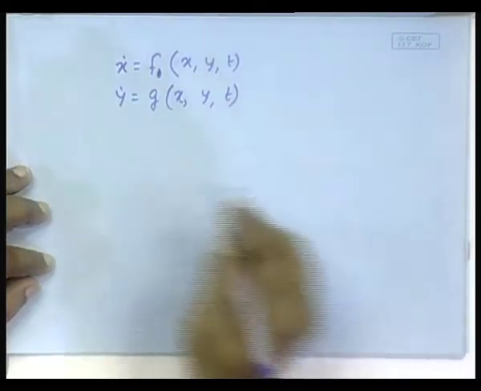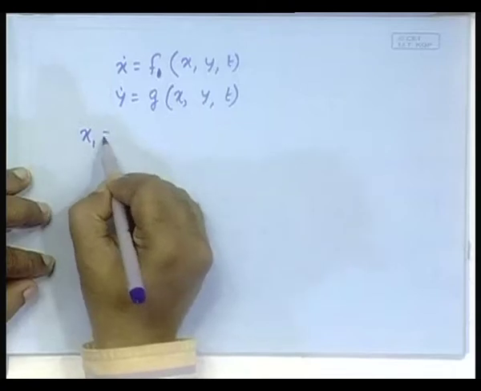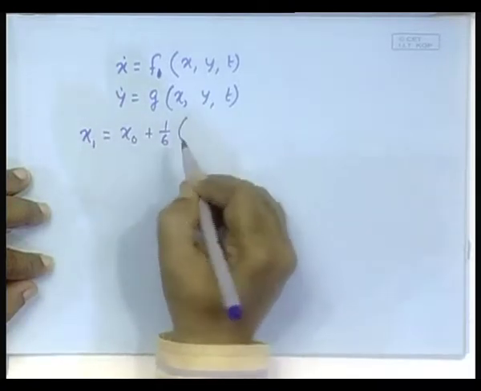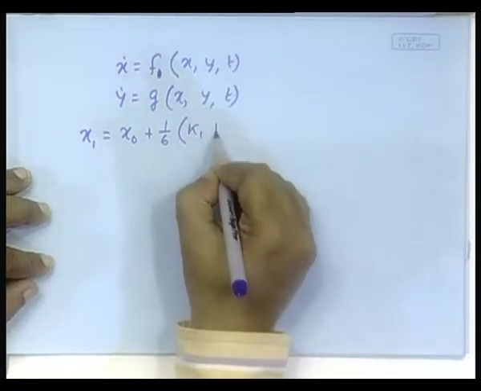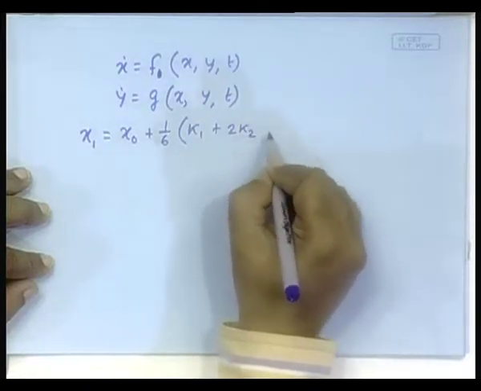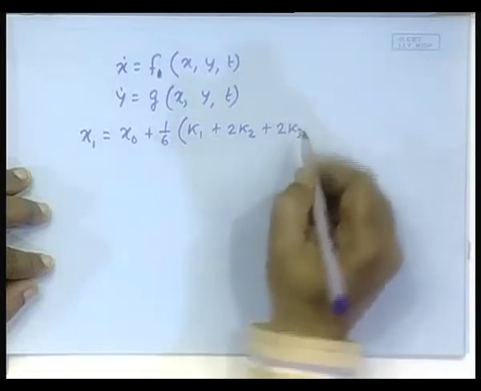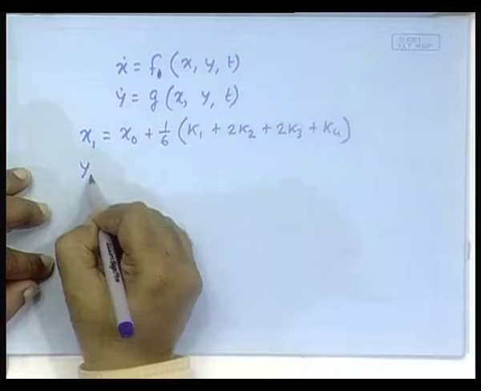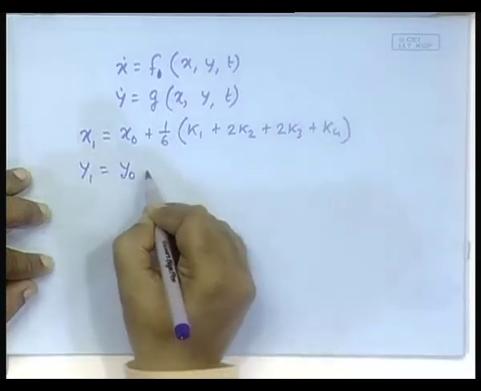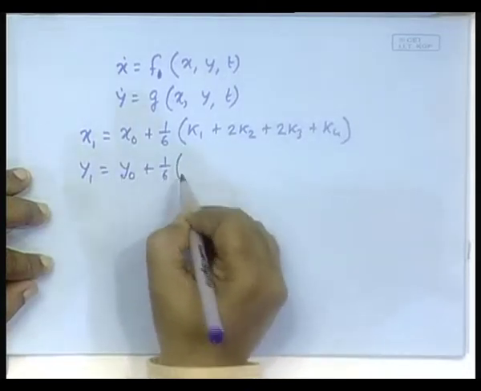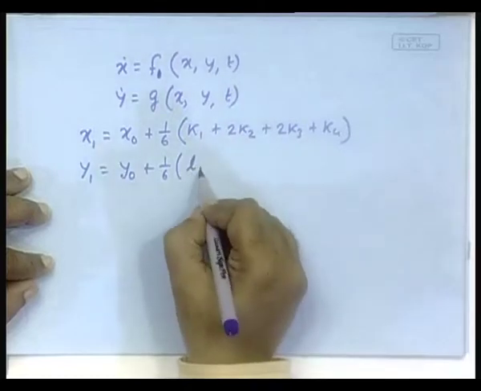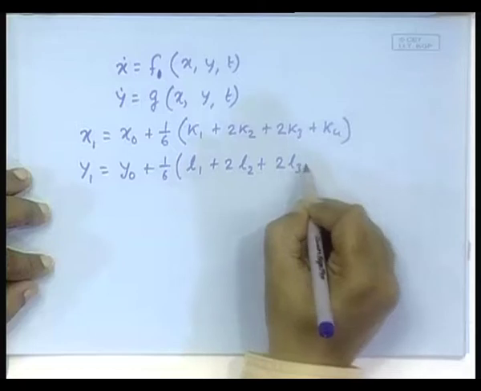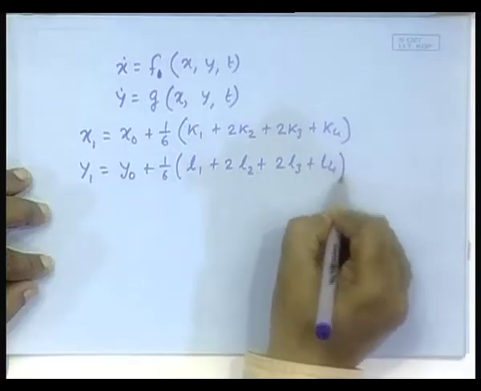In that case, your x 1 will be x naught plus 1/6 of k 1 plus twice k 2 plus twice k 3 plus k 4, and y 1 will be exactly in the similar way y naught plus 1/6 of another function, we will say L 1 plus twice L 2 plus twice L 3 plus L 4.